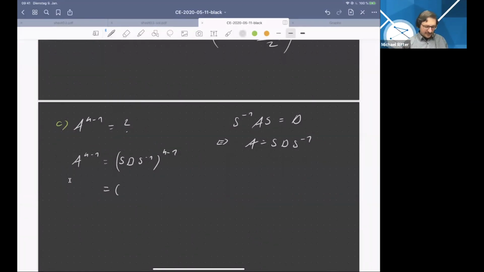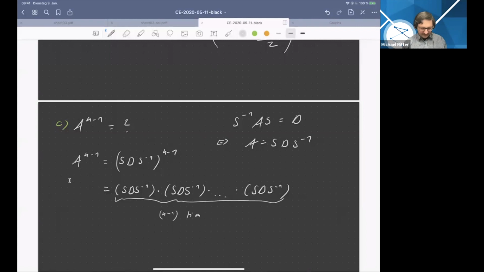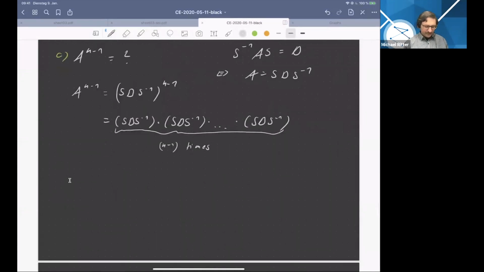So we can also write this as S D S to the minus 1 times S D S to the minus 1, and so on, S D S to the minus 1. So this is n minus 1 times.